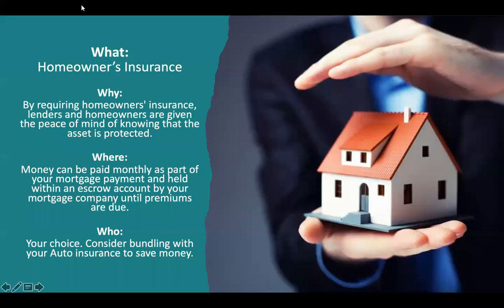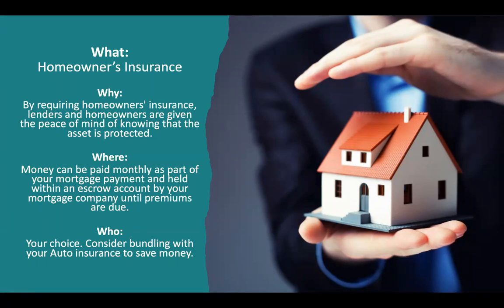Let's go to the next one, which is homeowners insurance. So now we've talked about the principal, the interest, the taxes, and now we're going to talk about one of the insurances that is a cost associated with your payment, and that is your homeowners insurance. Homeowners insurance is going to be required by a lender, but it also gives you as the homeowner the peace of mind of knowing your asset is protected, that it's covered under the umbrella package of insurance.